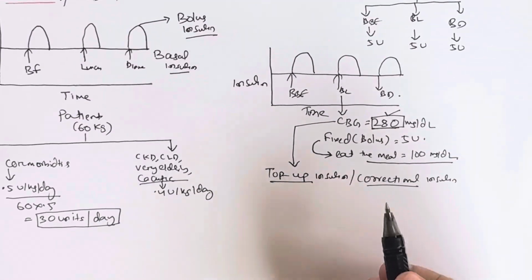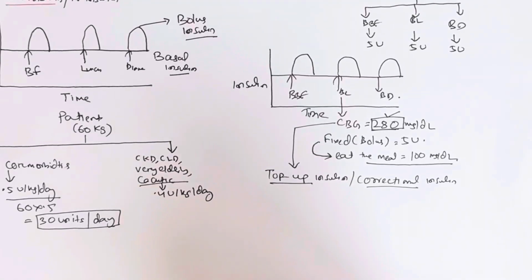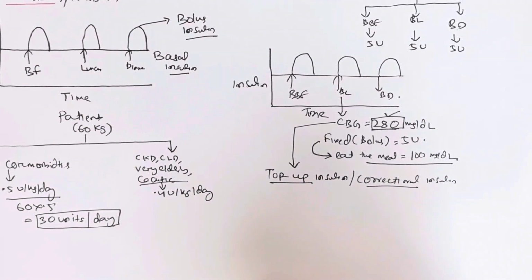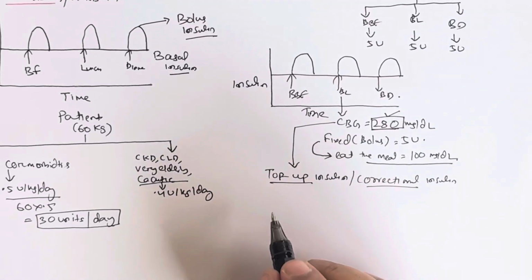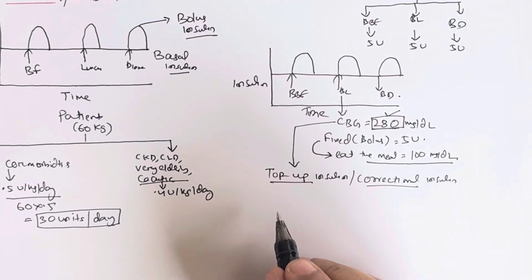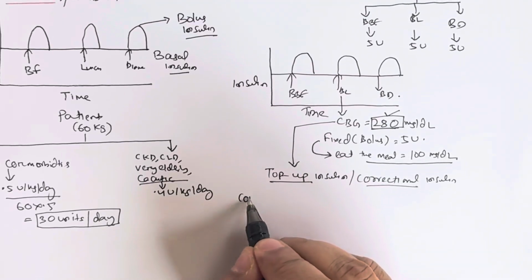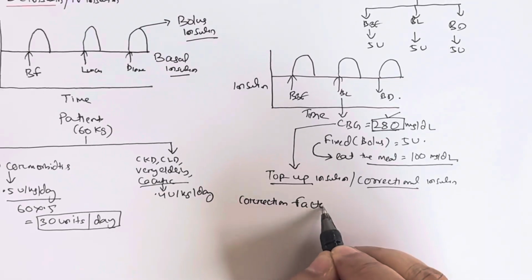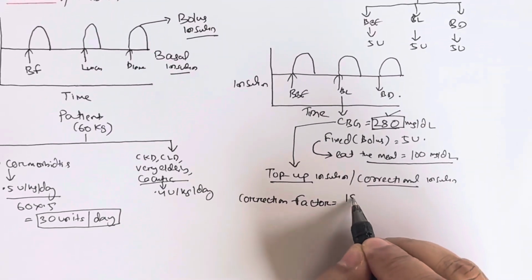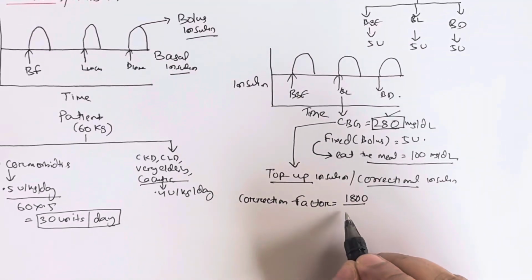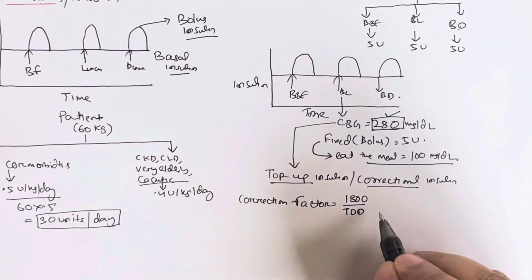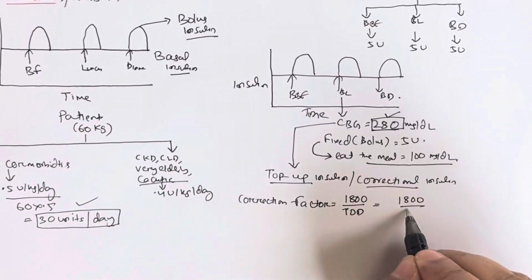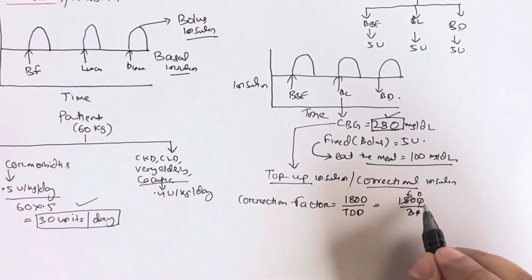So we have to correct that. That's called correctional insulin. How do you find how much top up or correctional insulin has to be given? We have to find out the correction factor. What is the correction factor? That is 1800 divided by the total daily dose of insulin. In this case we have 30 units. So 1800 by 30 is 60.